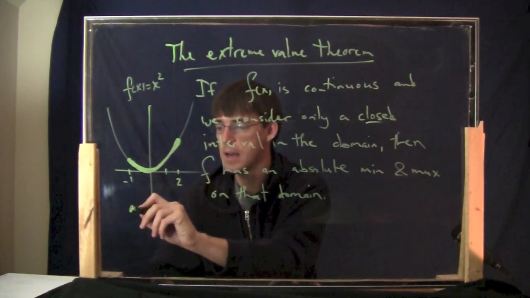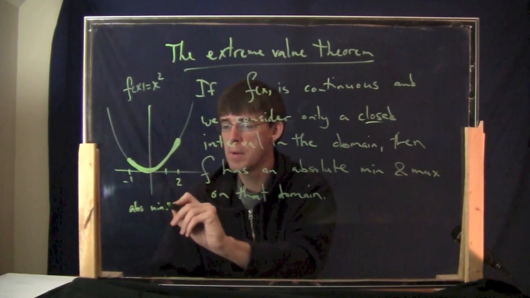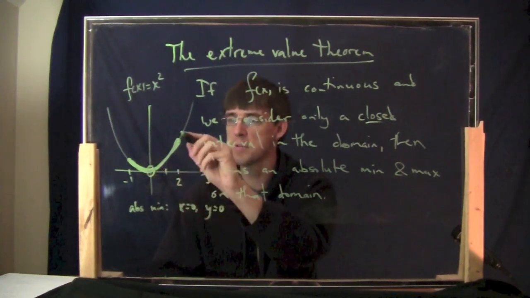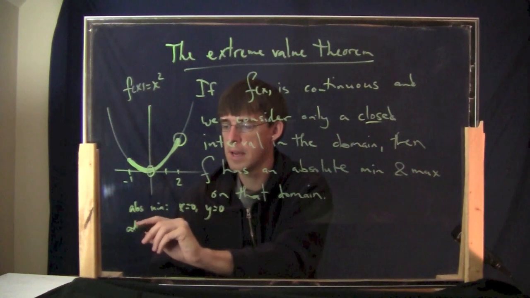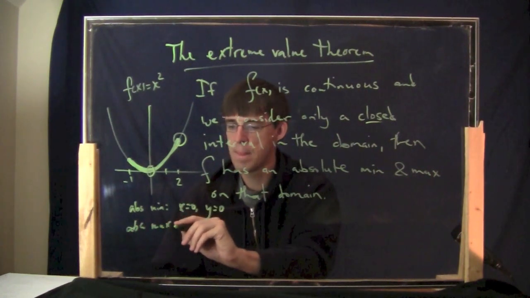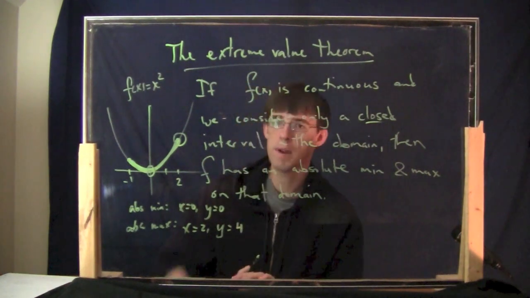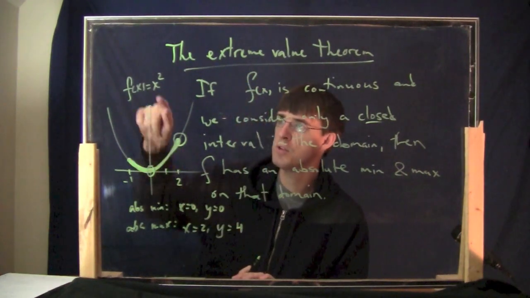So here the absolute minimum occurs at x equals 0, y equals 0, right here. And the absolute maximum occurs up there. The absolute maximum is at x equals 2, y equals 4. All right, the y value is 4 because that is 2 squared.